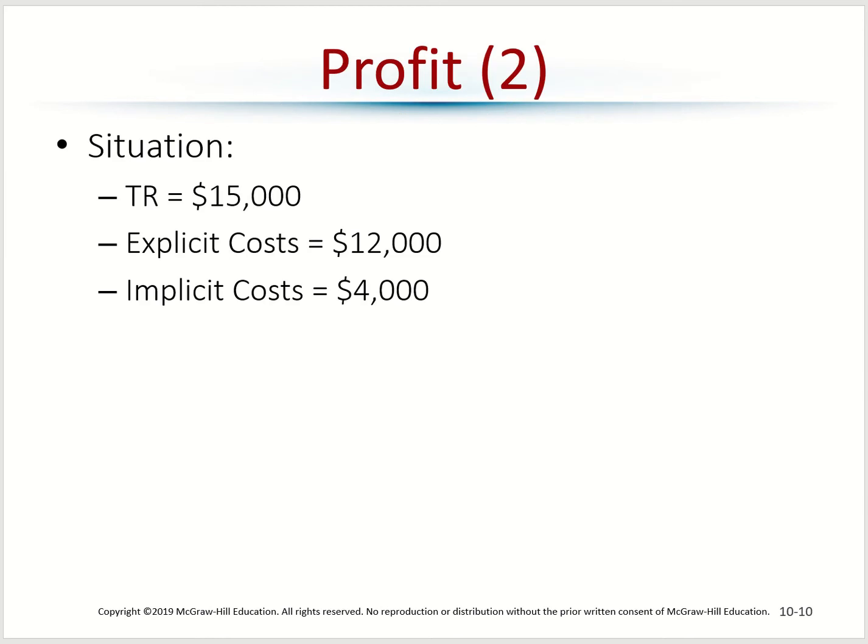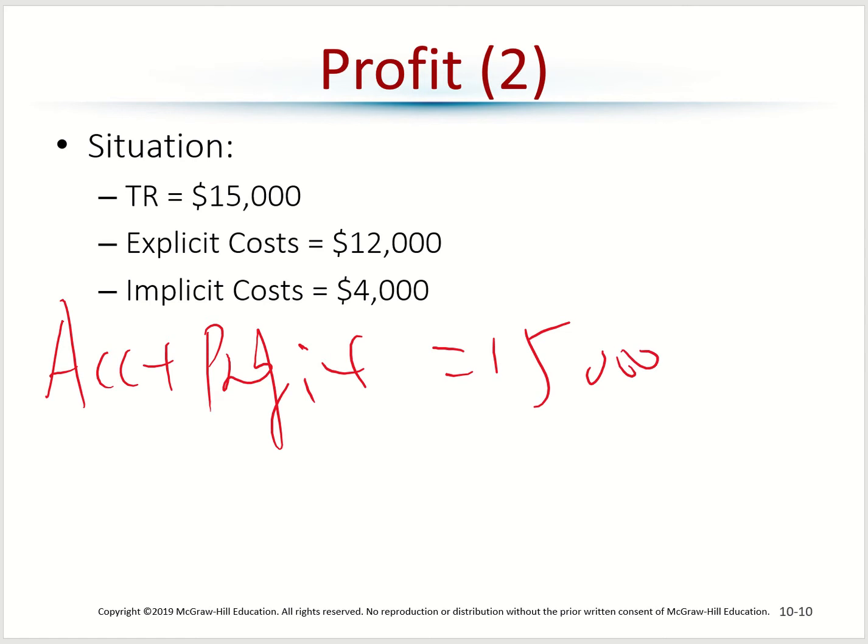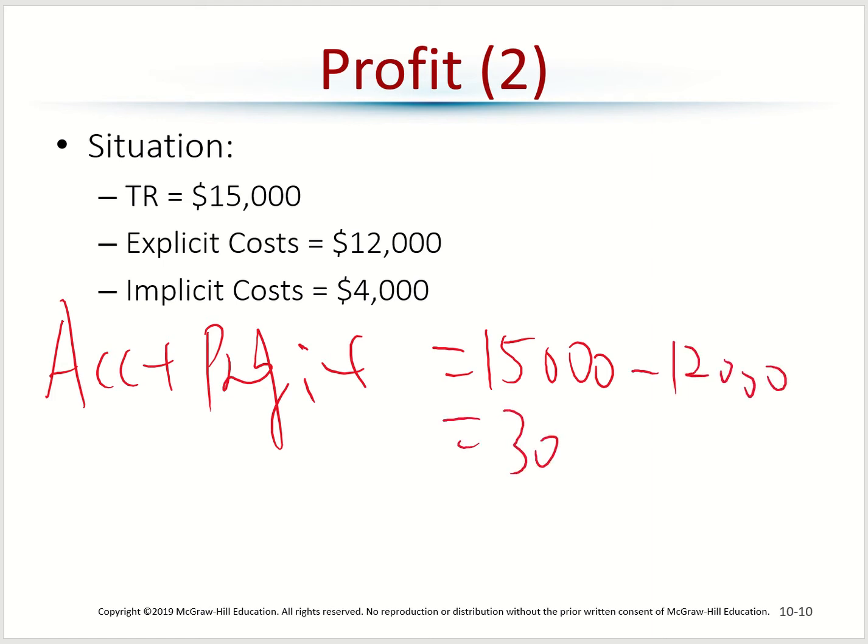All right, so let's suppose I have a situation where your total revenue is 15,000, your explicit cost is 12,000, and the implicit cost is 4,000. Then your accounting profit will be the 15,000 total revenue minus your explicit cost of 12,000. You're going to show on your accounting book a profit of 3,000, which is good.